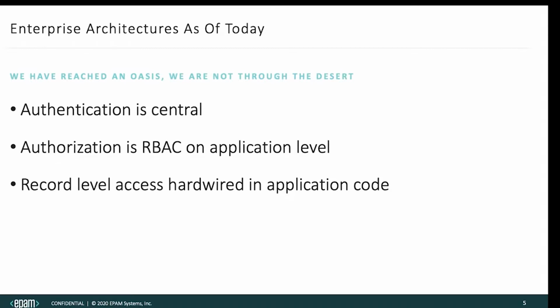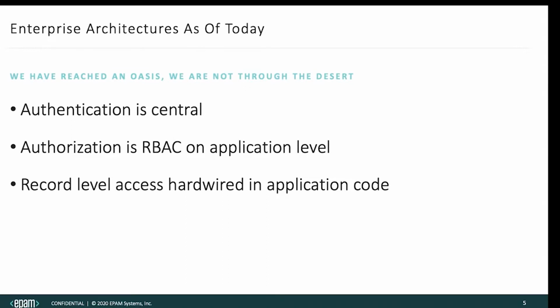But the record level access, so when I'm accessing a certain specific record, is usually hardwired into the application code. For example, when there is a group of client advisors, then the client advisor group leader, or the boss who is the leader in that group, may see all the records that belong to other client advisors in that group, but not from other groups.